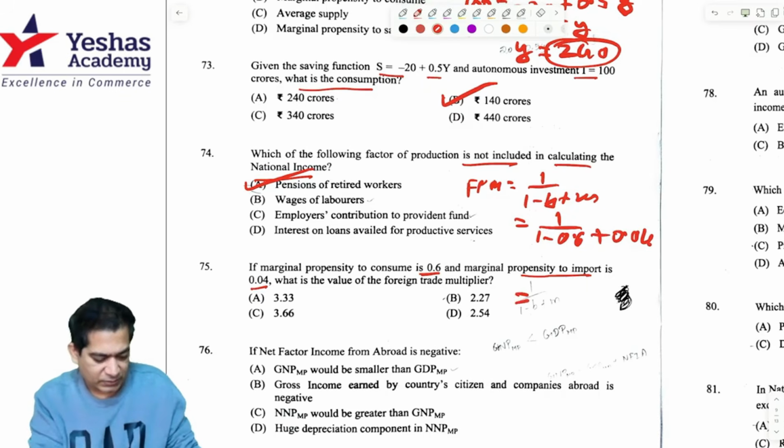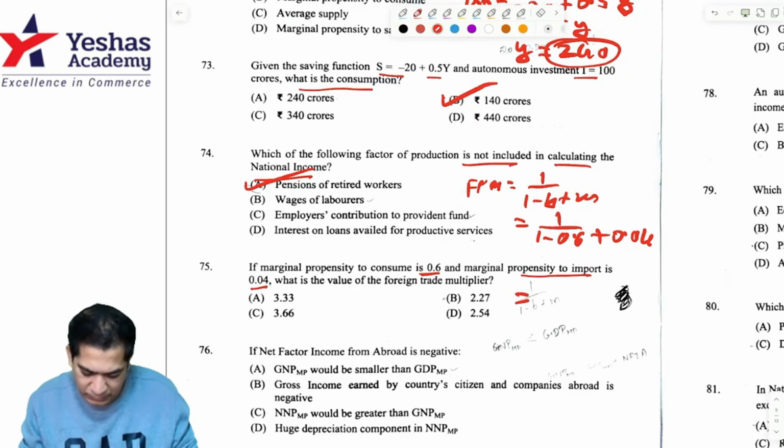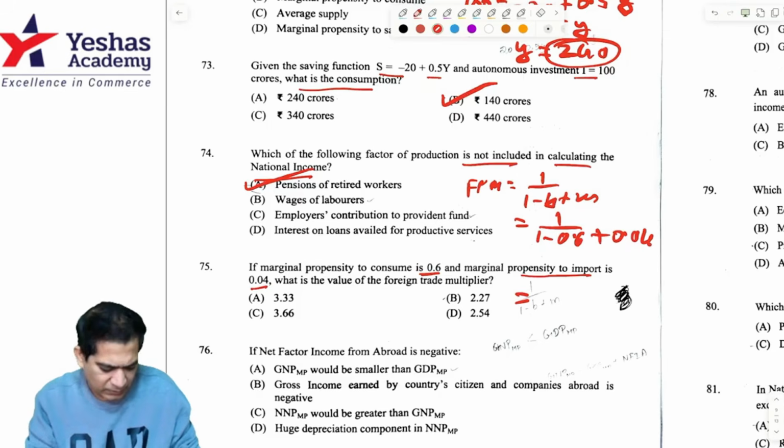So that will be how much? Let's see. 1 minus 0.6 minus 0.04, that is 0.36. 1 divided by 0.36, that will be 2.77. You're getting 2.77, no? 1 minus 0.6 is 0.4.